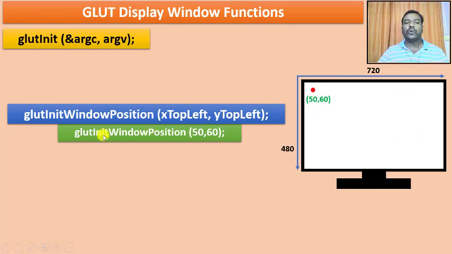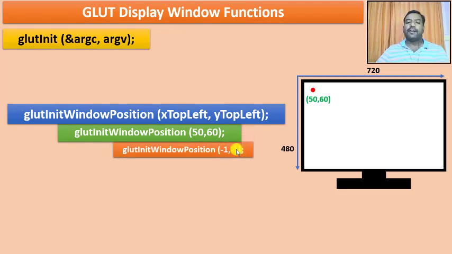Hence, I call the function glutInitWindowPosition. X top left is 50, Y top left is 60. Starting from this, I am going to draw a window. We call these the top left X value and top left Y value, which set where the window should start drawing.